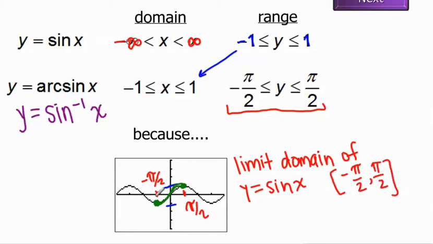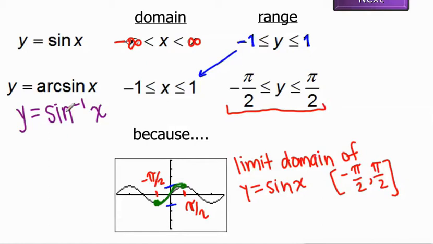And the reason we chose negative pi over 2 to positive pi over 2 is because it allowed us to go from the lowest y value to the highest y value continuously without having to pick up our pencil and move it to another section, without having to duplicate y values, because you cannot duplicate y values, otherwise the function is not one-to-one. Once we limited the domain, that became the new range of the inverse function.